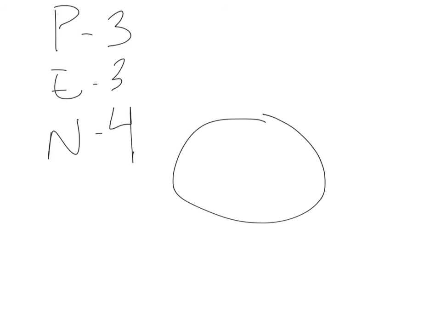So if my teacher tells me, okay, your element has 3 protons, 3 electrons, and 4 neutrons, I know that protons are positive, so I'm going to draw 3 positive signs in my nucleus because protons go in the nucleus. Additionally, I know that protons are not alone in the nucleus. They also have neutrons. So I'm going to draw my 4 circles for my neutrons.